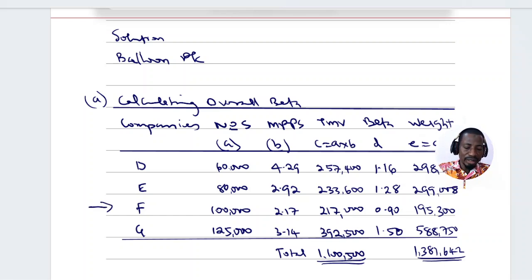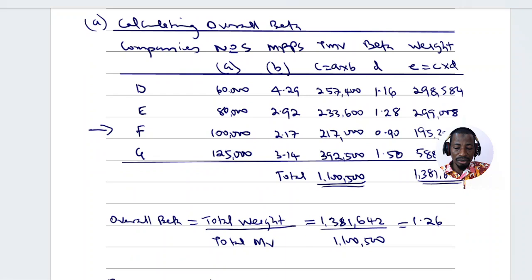It's only Fantastic PLC that has a lower beta value relative to the market. So the overall risk of the portfolio is higher than that of the market, because individual securities have a higher risk.